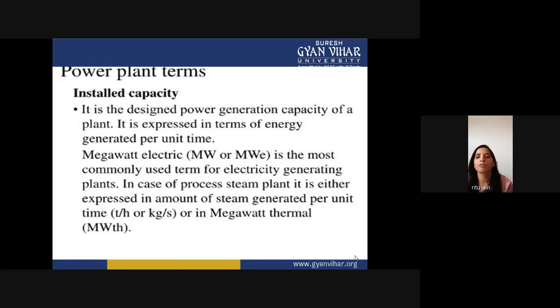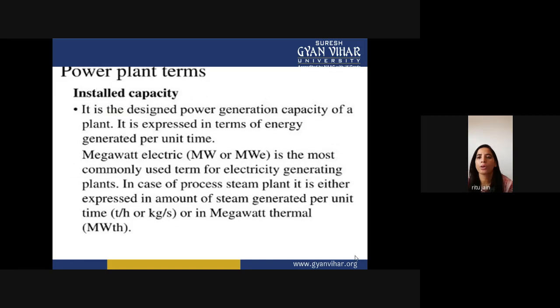In case of a process steam plant, it is either expressed in the amount of steam generated per unit time or in megawatt thermal. So if you talk about a steam plant, it can be expressed in the amount of steam generated per unit time.